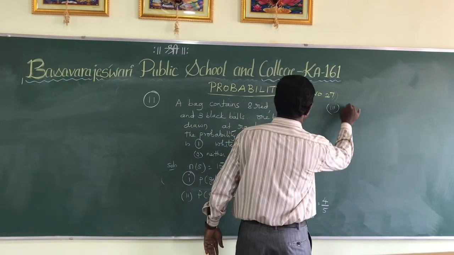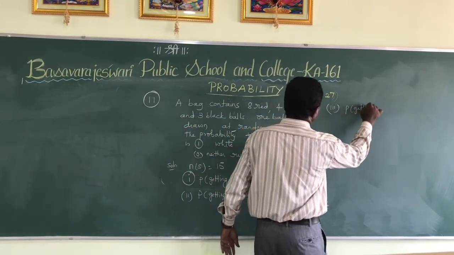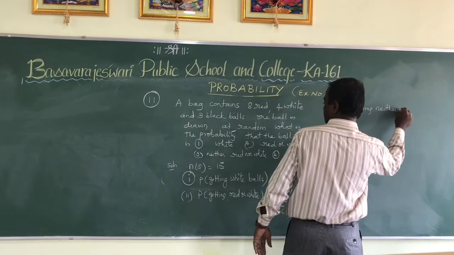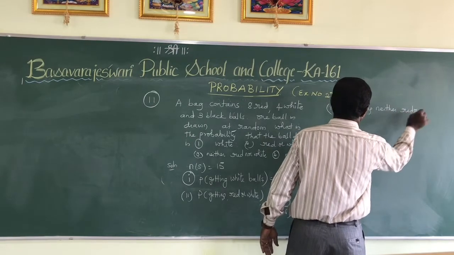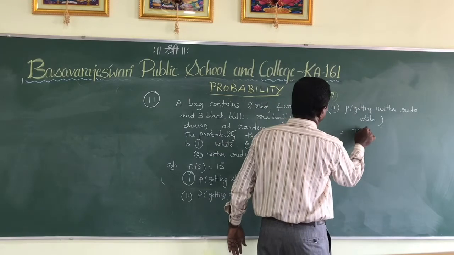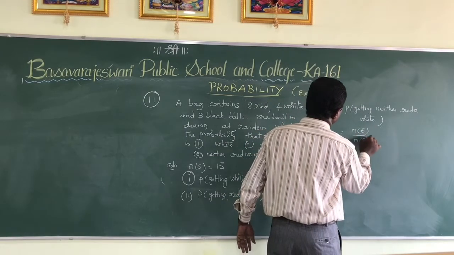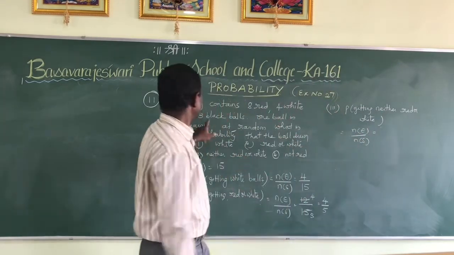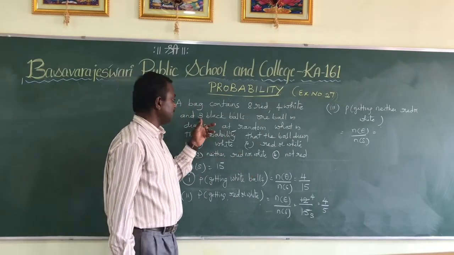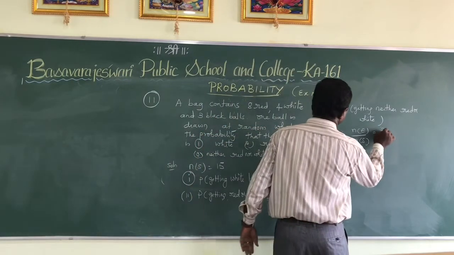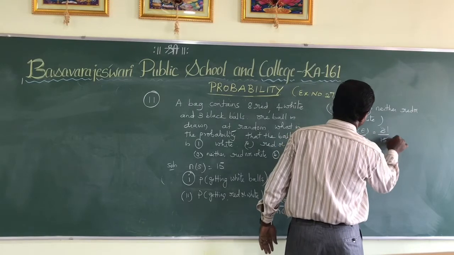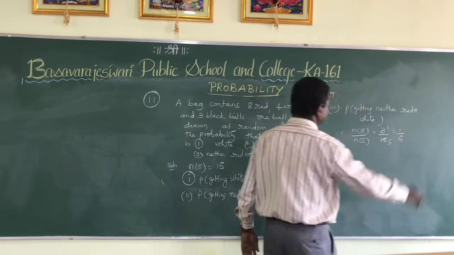So therefore probability of getting neither red nor white is equal to n of E by n of S. So how many except red and white? Remaining is black. So how many are there? 3. So n of E becomes 3 by 15. 3 1s are 3, 3 5s are 15. 1 by 5.